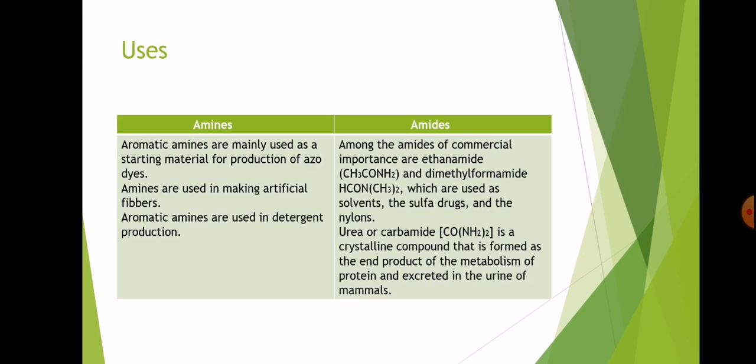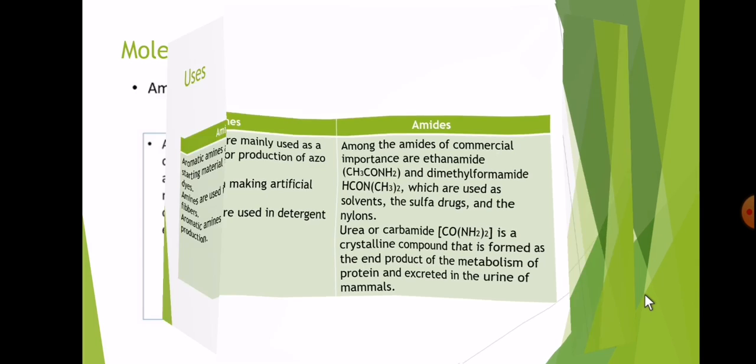And amides also have many uses, in daily life and in industry, like ethanamide and dimethylformamide, which are used as solvents. And the nylons. Urea is mainly used in fertilizers, in animal feed, in manufacturing of polymers and resins, and making plastic, and many different things.